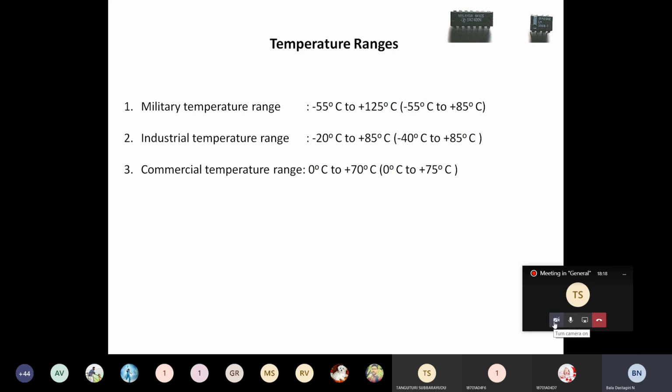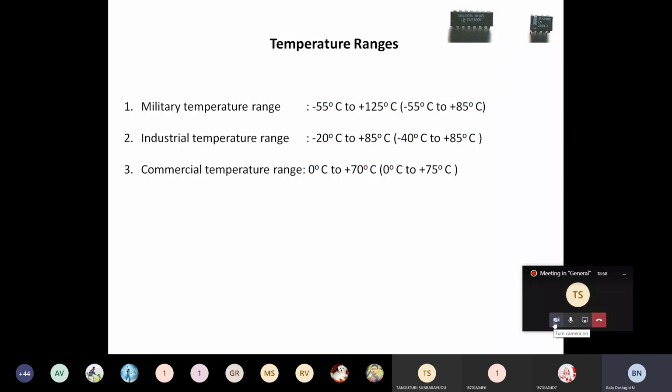The ICs used for industrial purposes should withstand temperatures ranging from minus 20 degrees to 85 degrees centigrade, or else sometimes from minus 40 degrees centigrade to 85 degrees centigrade. For commercial applications, the temperature should range from 0 degrees to 70 or 75 degrees. So these are the three types of temperature ranges. Based on the application, the IC should be able to withstand the given temperature values.